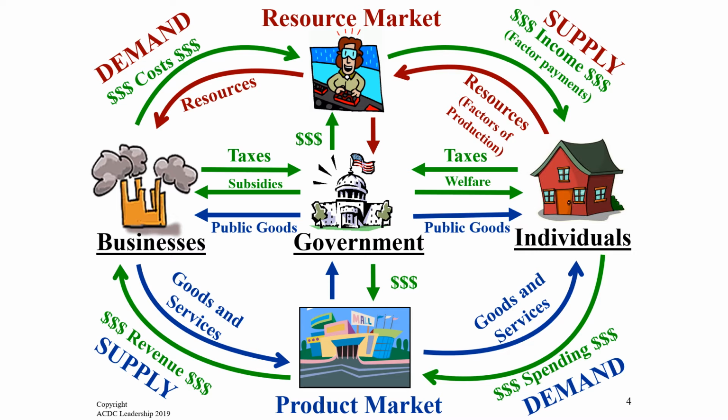Any of those things that the government pays out either in cash or supplements would go to the individuals. And so there's your complete circular flow.